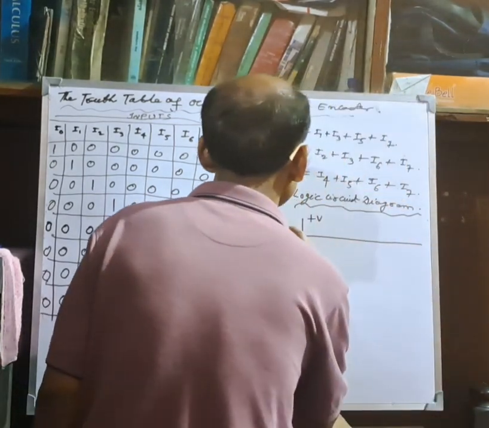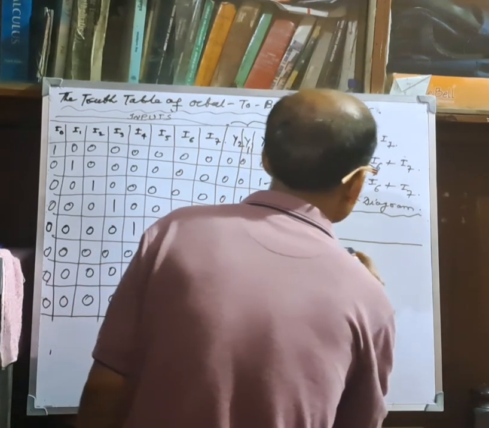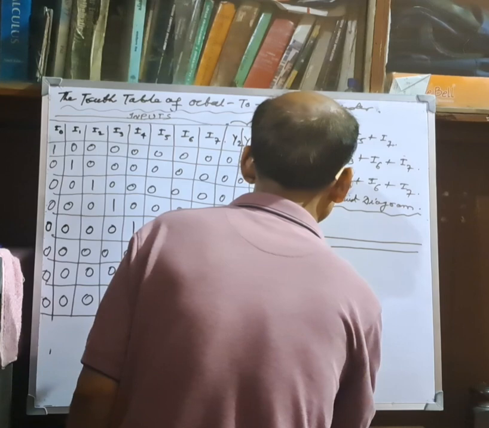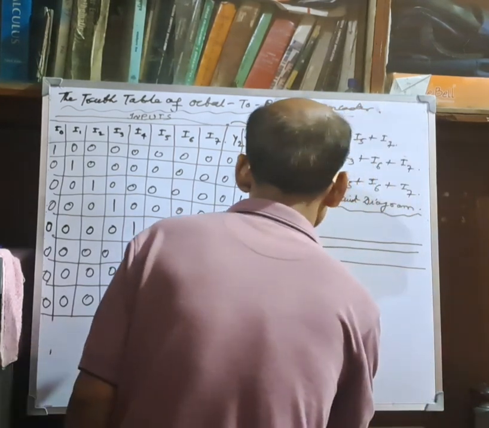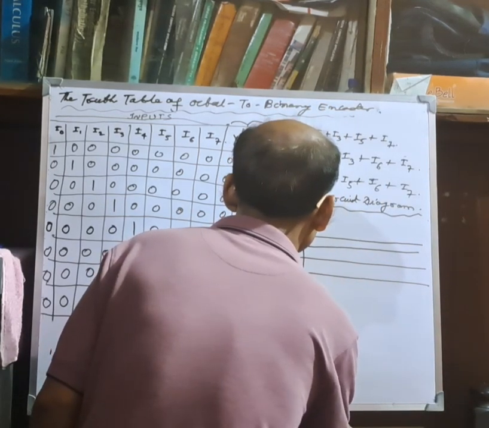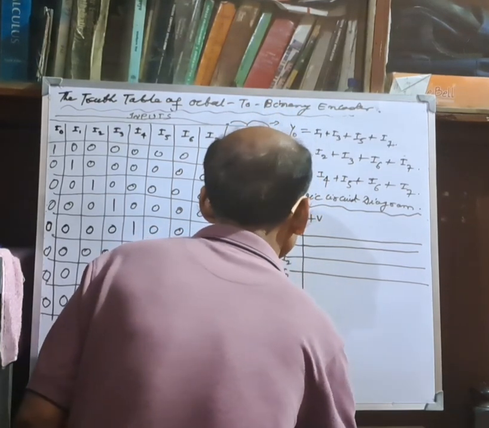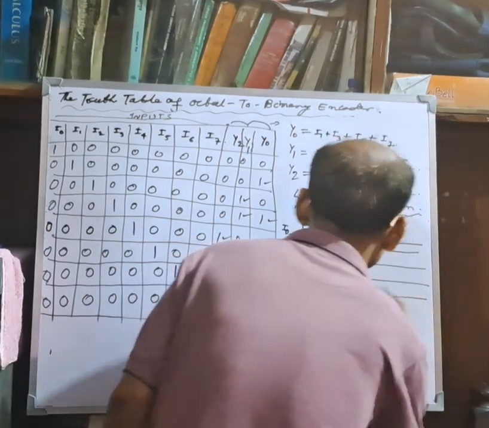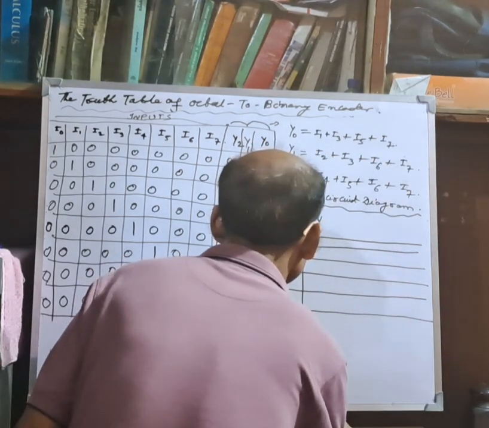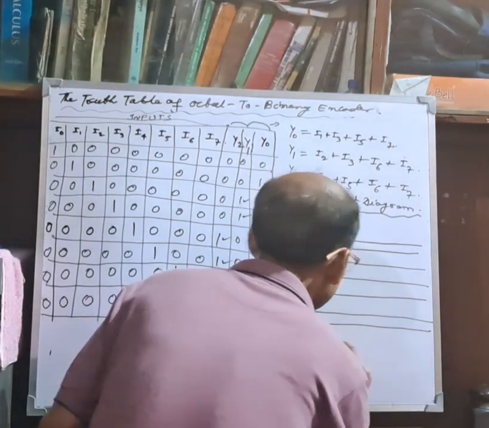Fine. I0, I1, this is I2, this is I3, this is I4, this is I5, this is I6, and this is I7.